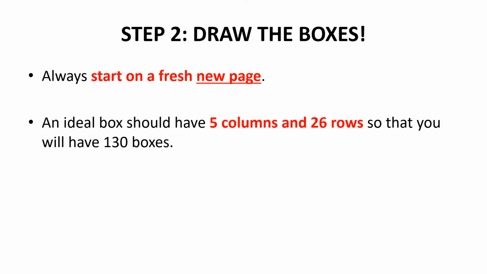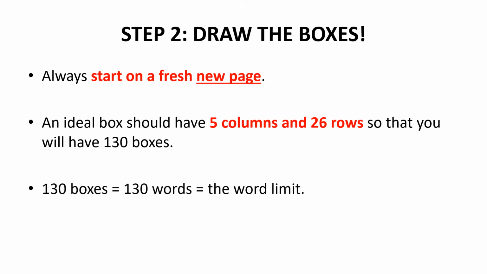If you don't believe me, get a calculator and you can calculate. 5 times 26 equals 130. So 130 boxes. For each box, you can write only one word. So 130 boxes means 130 words. That is the word limit for summary.